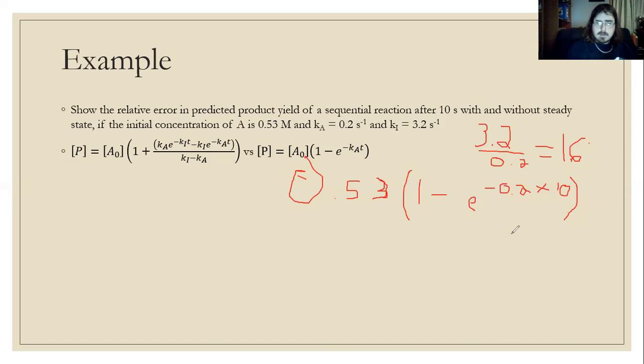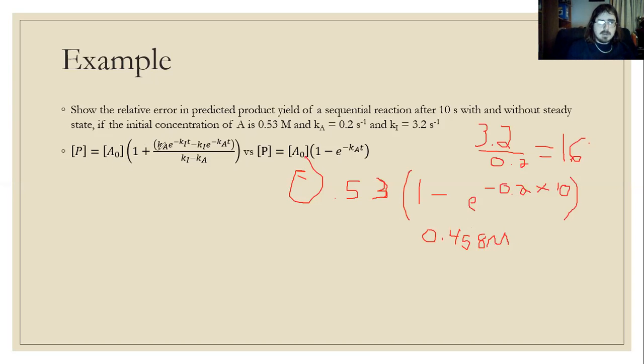So the steady state approximation says we have 0.458 molar product after 10 seconds.